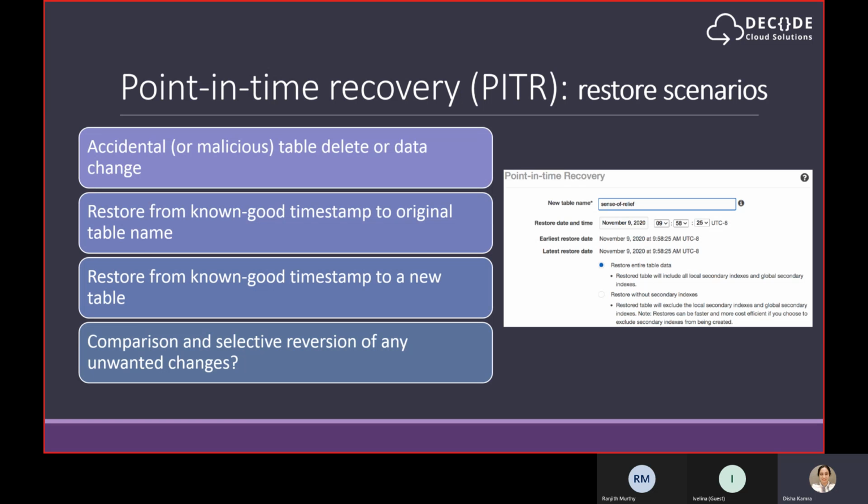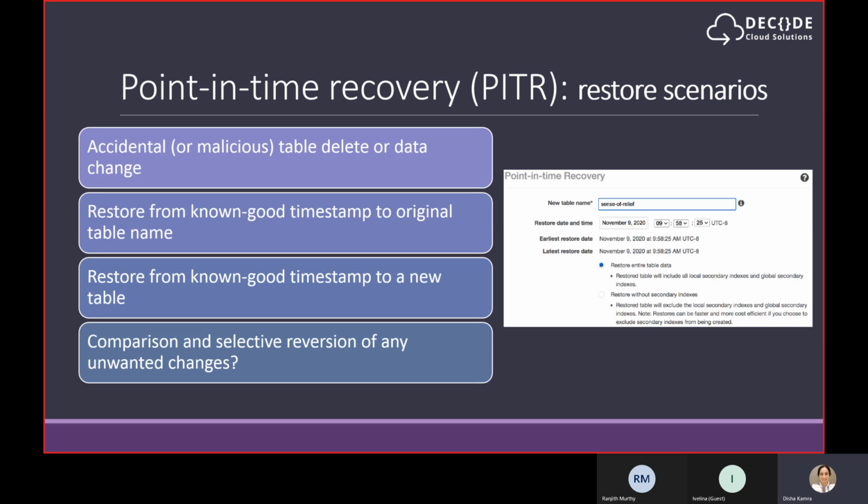When we talk about point-in-time recovery, what are the restore scenarios? Access to a DynamoDB table is denied by default, and best practice is to allow access according to the principle of least privilege. Fine-grained control over items, even per attribute, is available via your IAM policy, and various data operations can be allowed or denied based on a number of powerful conditions.